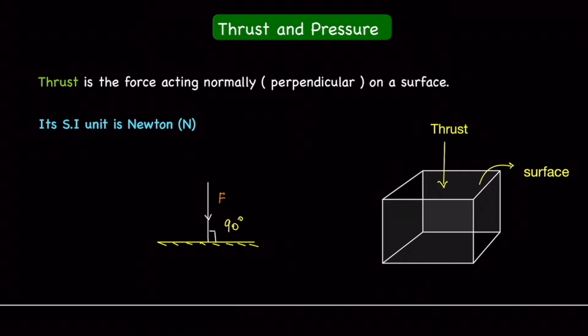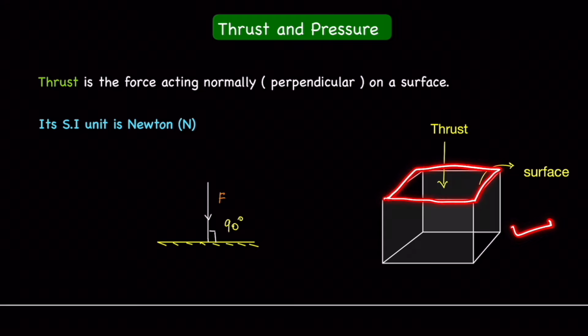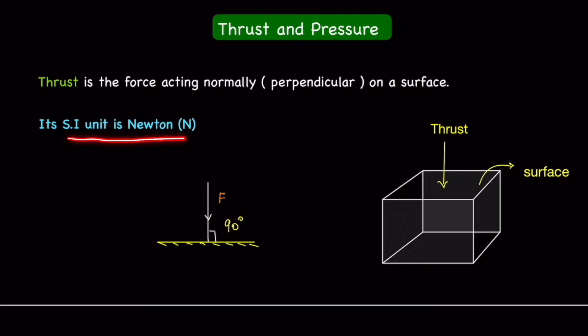Same way, here you see it's a cubical body or a box. This is one of the surfaces of the box. When we apply a force which is perpendicular to the surface, then it is called thrust. So force and thrust both are the same, but thrust is a specific type of force when it is perpendicular to the surface. And the SI unit of thrust is Newton.